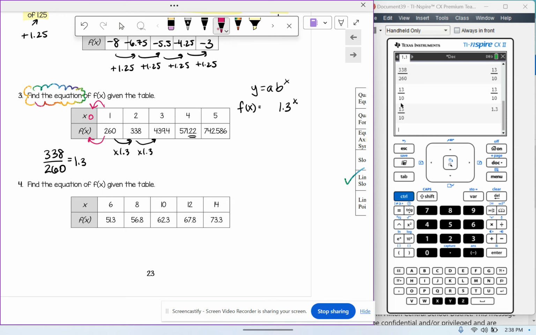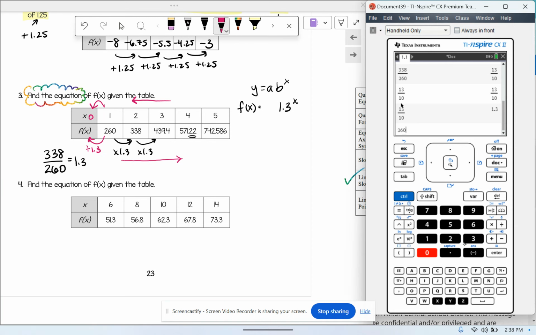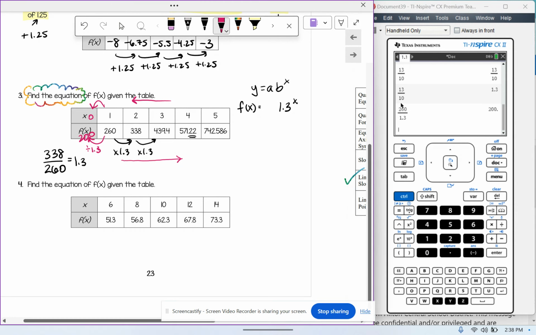When I'm doing an exponential function from a table and I'm heading this way, I'm always multiplying. In order to head in the opposite direction, I'm going to have to do the opposite operation. The opposite of multiplication is division. So to back my table up to 0, I'm going to have to divide by 1.3. So I take 260, I divide by 1.3, and I end up with 200. The starting value or y-intercept of this exponential function is 200. And I have written my equation, I'm done.